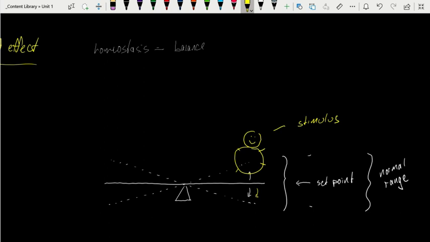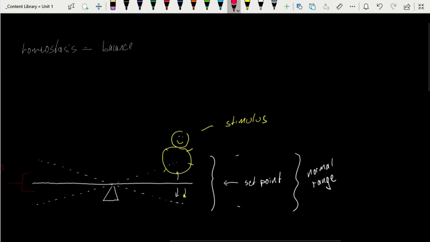And in order to do that, the next thing we have to have is, we'll put this over on the other side, some sort of receptor. The job of the receptor is to detect a change in the variable. When we were over here talking about set point and normal range, this has to do with the variable.